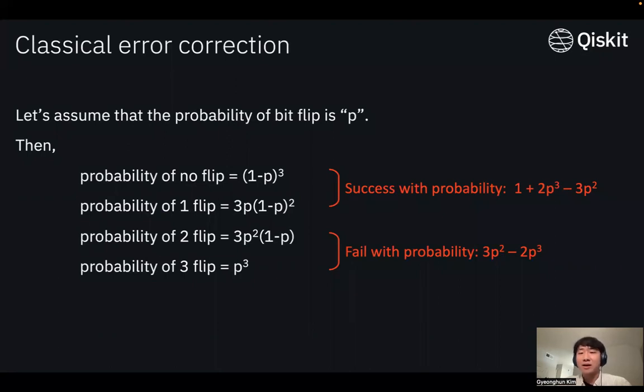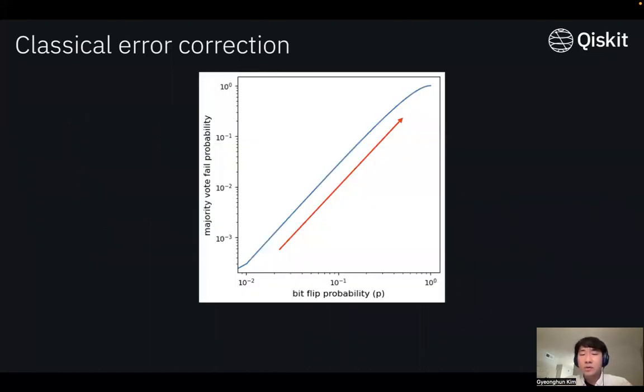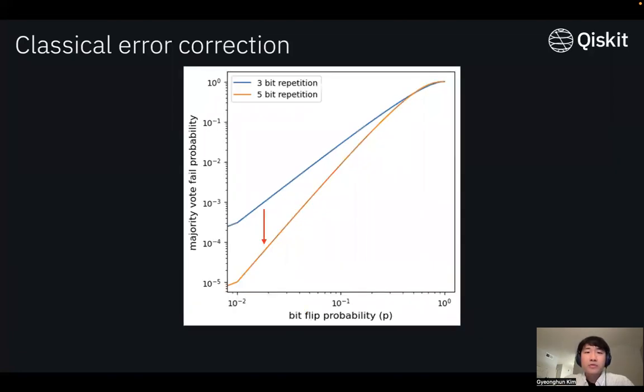But these equations aren't intuitive, so I drew a graph. The x-axis here is the bit flip probability, and the y-axis here is the majority vote failure probability. These axes are in log scale, so this increase is actually more huge than you see. On the other hand, if you repeat the bit more and more times, you can actually reduce the failure probability, as shown in this graph.